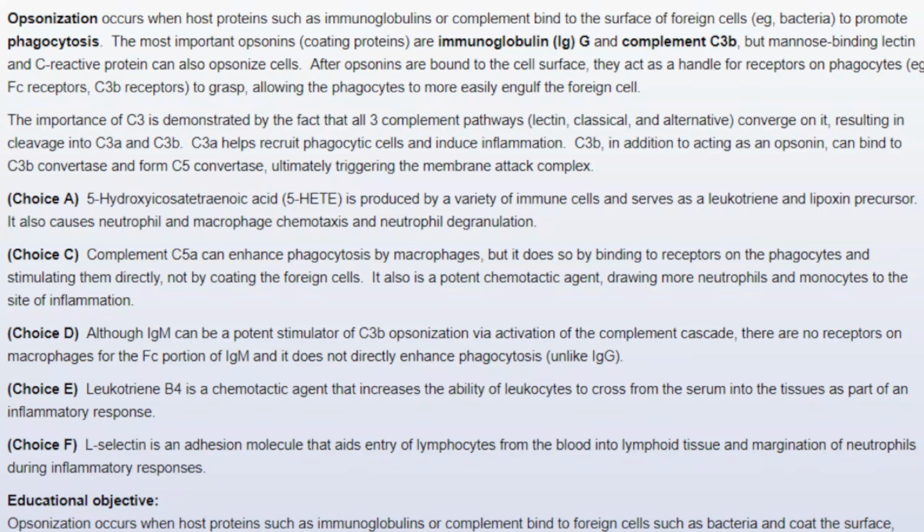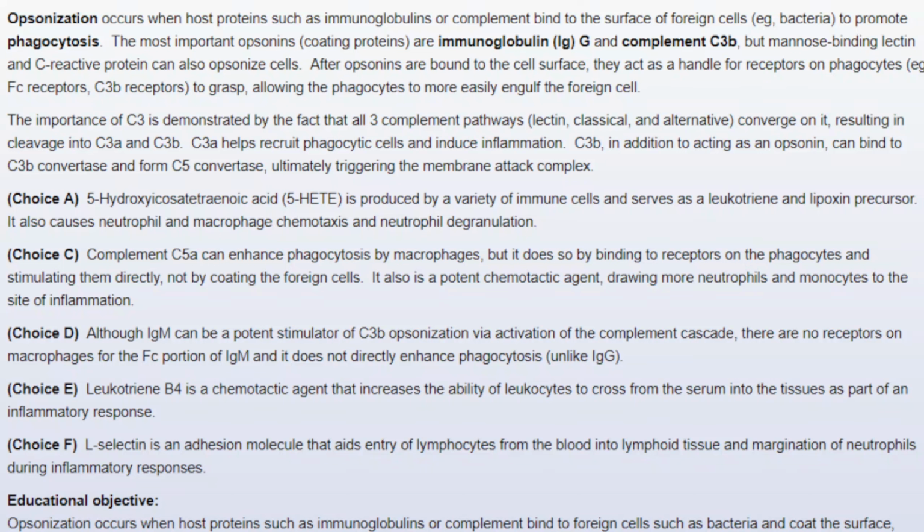C3b, in addition to acting as an opsonin, can bind to the C3 convertase and form the C5 convertase, ultimately triggering the membrane attack complex.